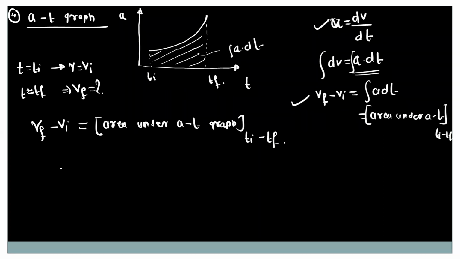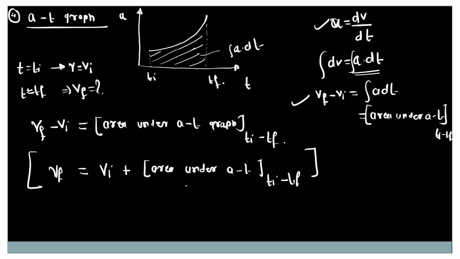So Vf is equal to Vi, that is the initial velocity, plus area under the a-t graph between time limit Ti to Tf. So by using this formula, we can find out the final velocity from the a-t graph.